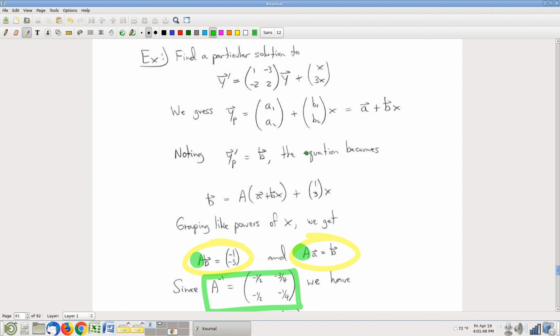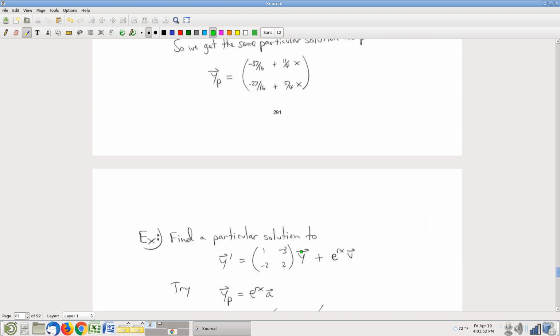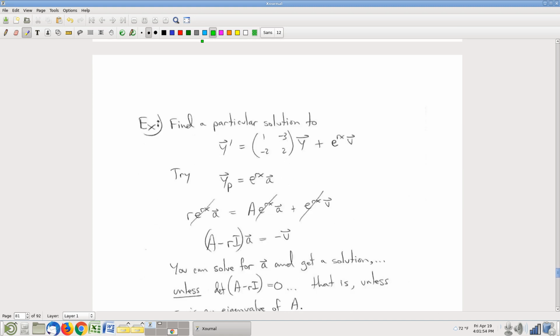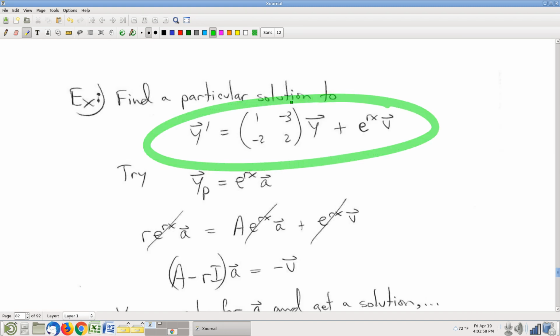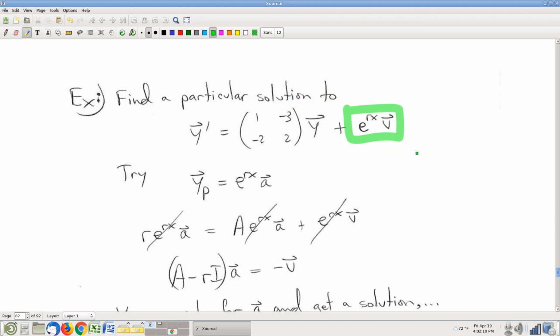All right, here's another example. Different right-hand side here. Now, instead of x times a constant vector, we have an exponential times a constant vector. What do we do in a case like this? Well, same strategy for guessing our solutions.